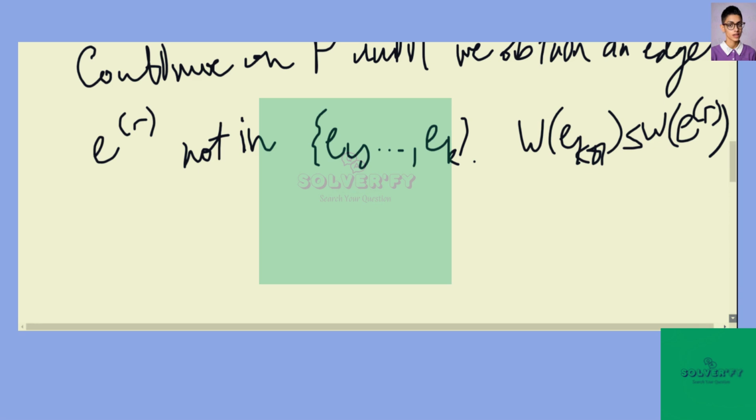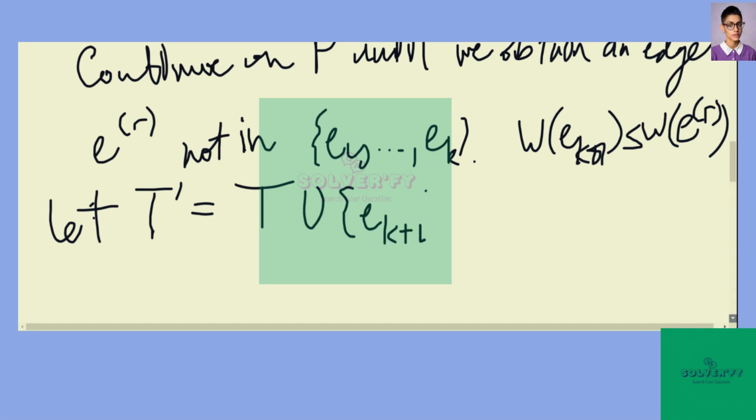And now, let T prime be the tree which results from taking the tree T and adding the edge EK plus 1 and subtracting the edge ER.